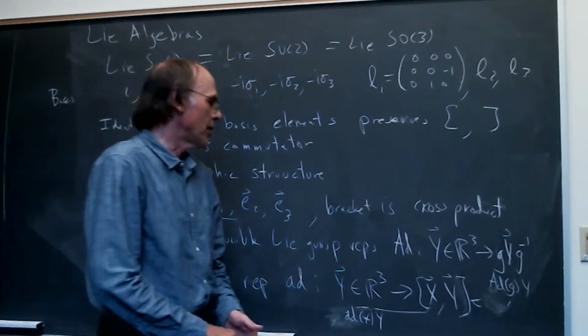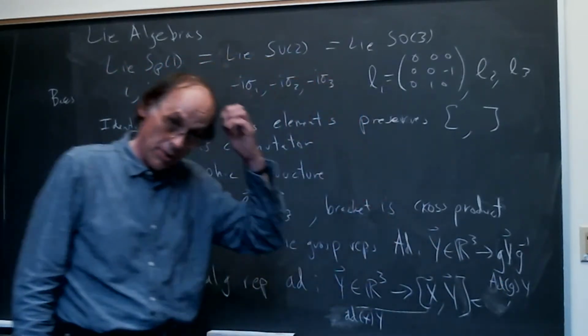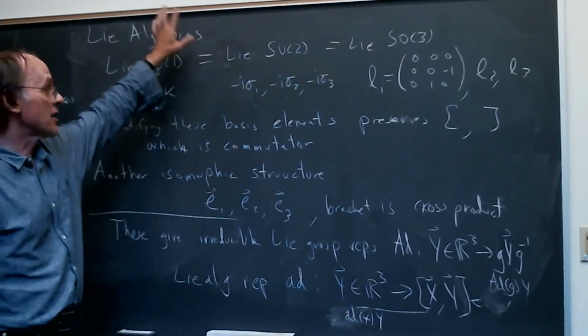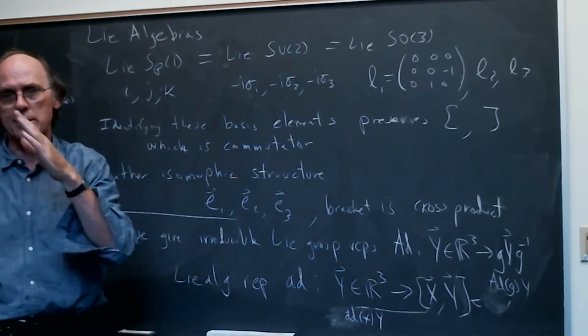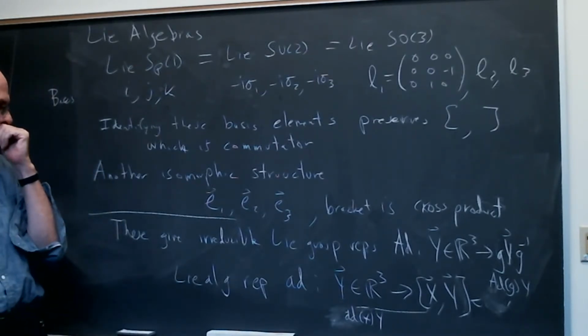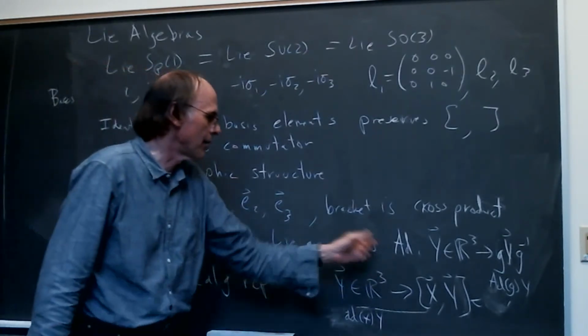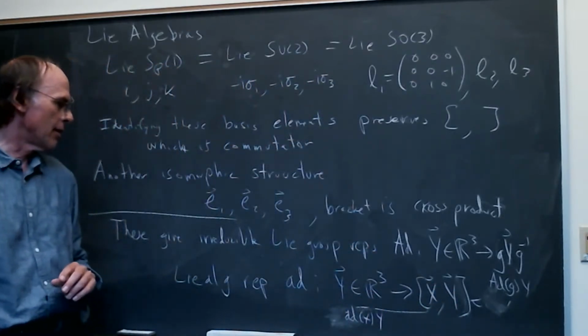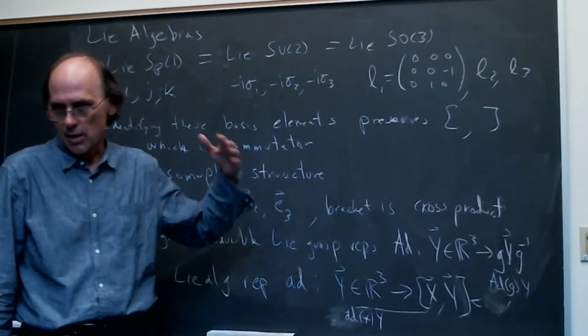But anyway, in terms of representation theory, the Lie algebra always gives you a distinguished representation of the group, and it's a representation on the vector space of the algebra.